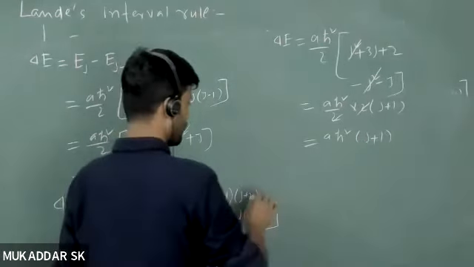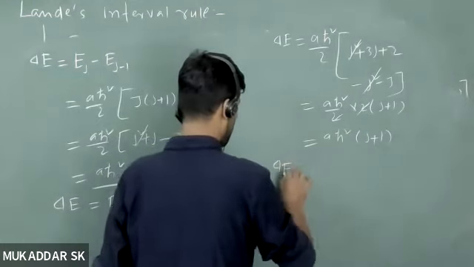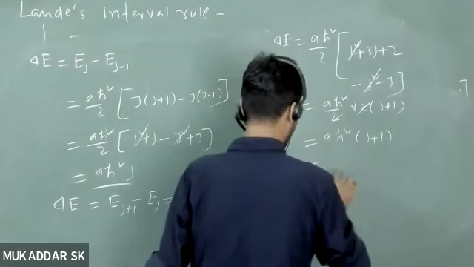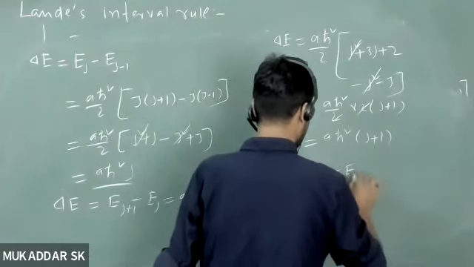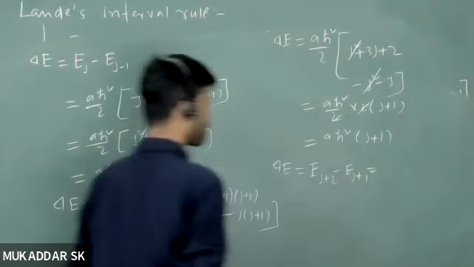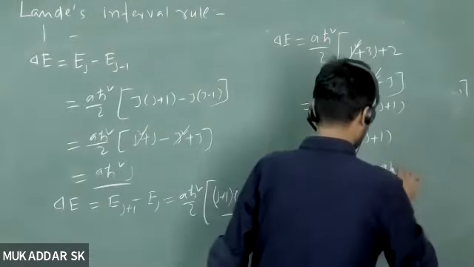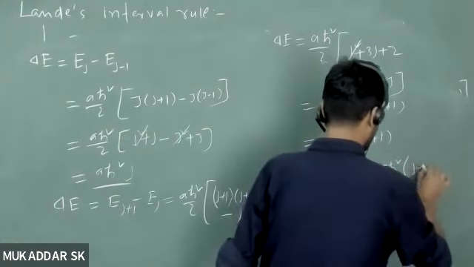Okay. Similarly, you can calculate the energy separation delta E equals EJ plus 2 minus EJ plus 1. How much will it be? It will be simply A h-cross square into J plus 2, right?